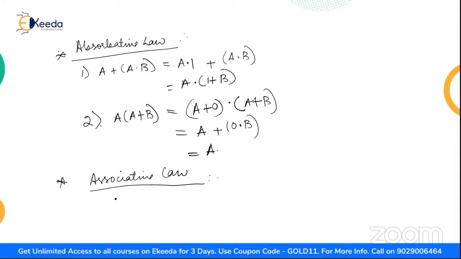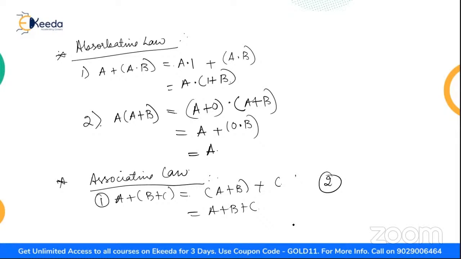A plus B plus C is nothing but A plus B plus C, the same as A plus B plus C. This is the first associative law. The second associative law is A into B into C is equal to A dot B into C, the same as A dot B dot C.